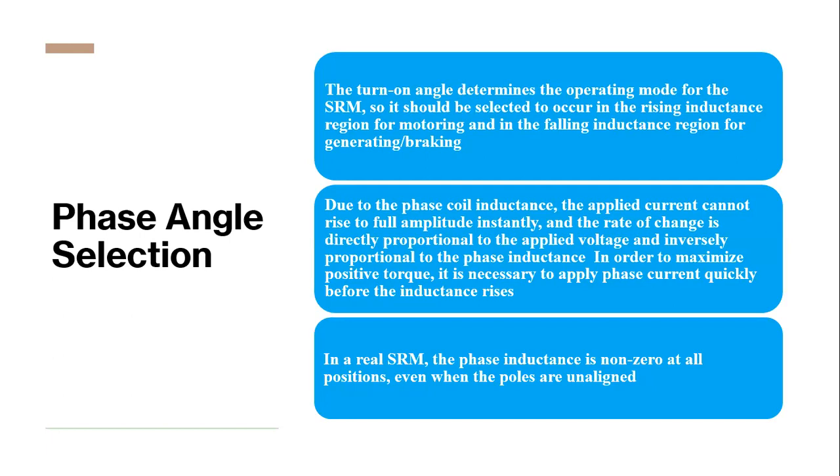So we have to maximize the positive torque, and the voltage is applied to the phase quickly before the inductance rises. The inductance is non-zero at all positions, but it behaves according to the position of the phase. So turn-on of any angle determines the operating mode of this motor, following the inductance region, for generating braking as well as generating power by using regenerative braking. Okay.